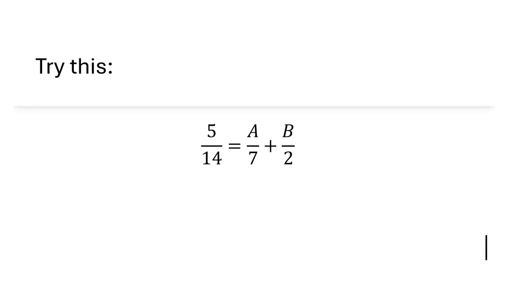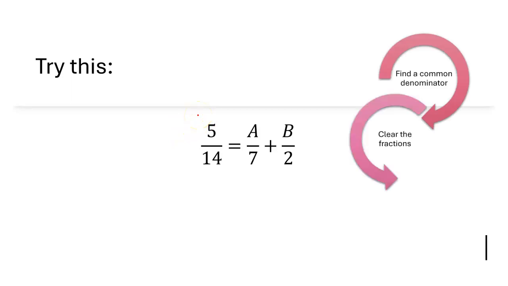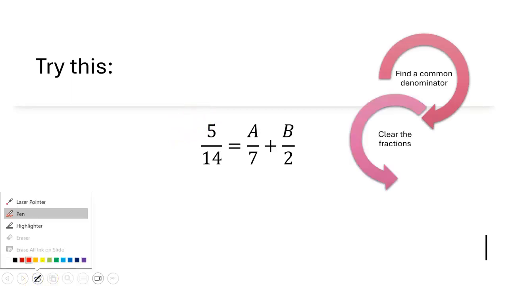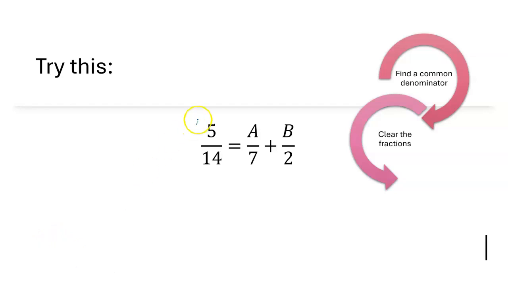So it's kind of interesting to think about. My idea was that maybe one of the denominators was 7 and one of the denominators was 2. And then I have an equation that has two variables and I would like to clear the fractions. So the way I do that is I multiply by the common denominator. So I'm going to multiply both sides of my equation by 14.